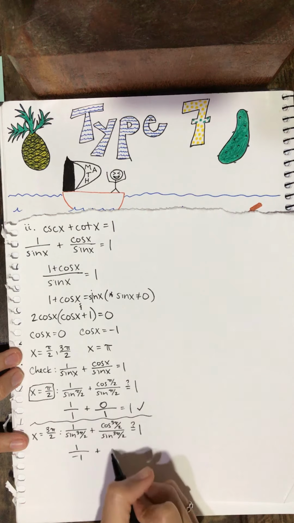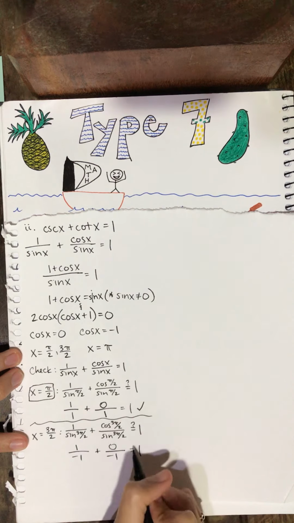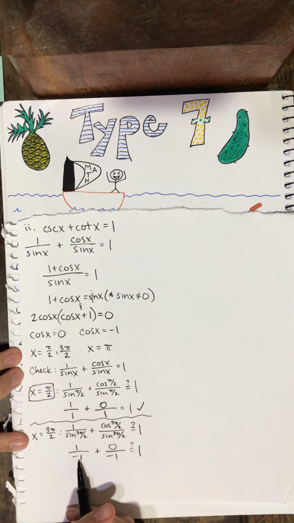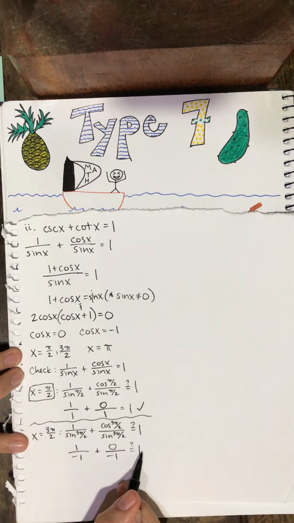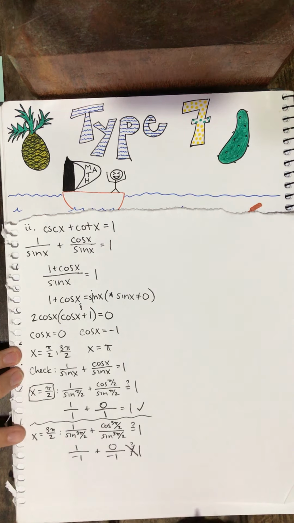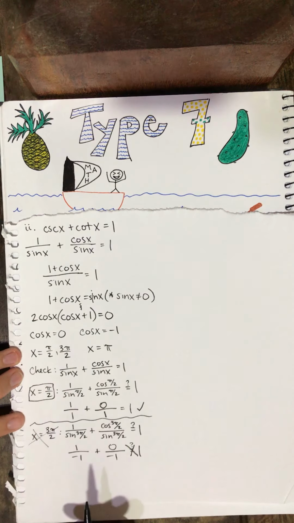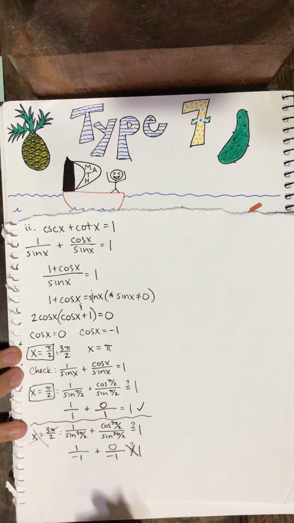Cosine of 3 pi over 2 is 0, and sine of 3 pi over 2 is still negative 1. 1 divided by negative 1 is negative 1. 0 divided by negative 1 is 0. Negative 1 plus 0 is negative 1, not positive 1. So it doesn't work. You can either cross it out or just ignore it. Just box in your final answers.